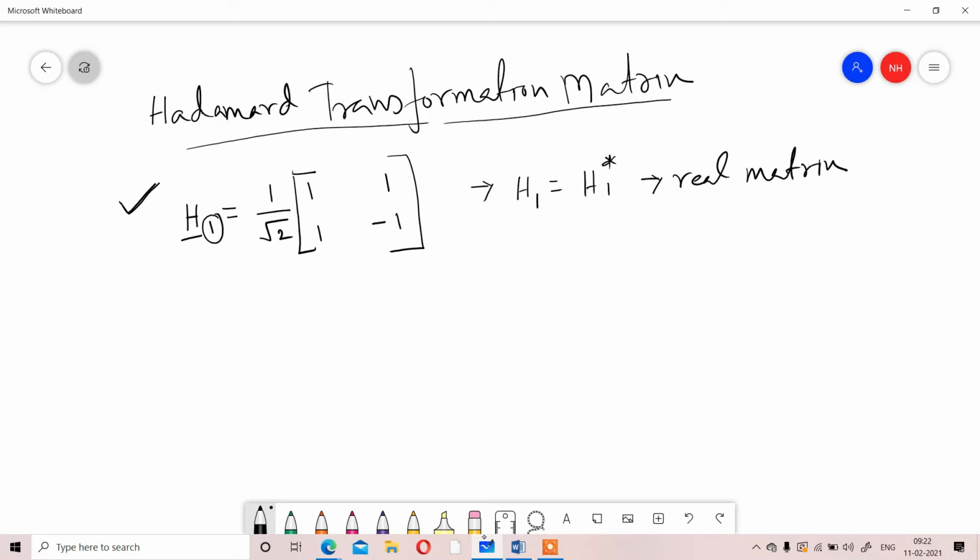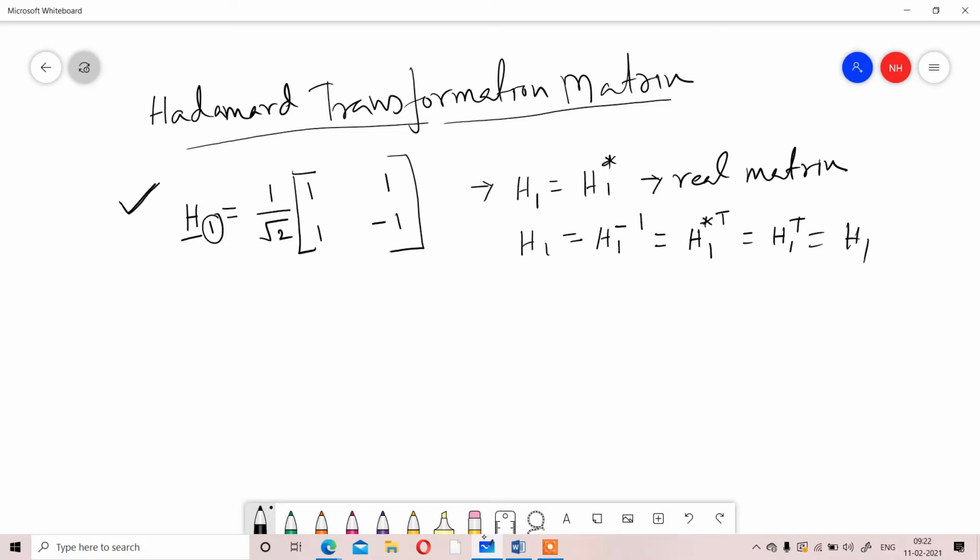That is one point. And also we can write H1 equal to H1 inverse. If we take the inverse of H1, it will remain the same. Again, H1 inverse means H1 star transpose. Again, H1 star equals H1, so simply H1 transpose. And what is the value of H1 transpose? Again, it is H1.